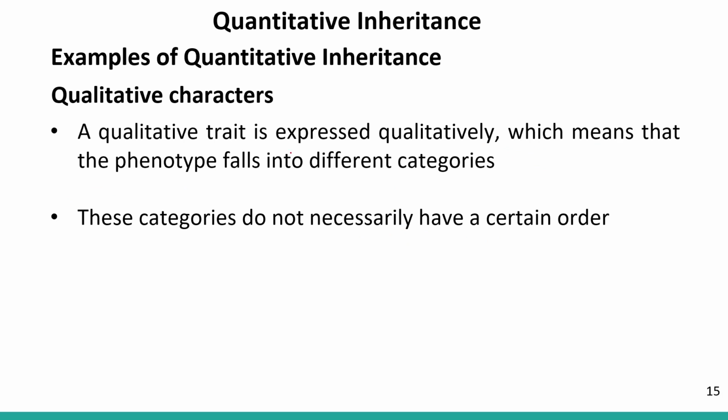A qualitative trait is expressed qualitatively, which means that the phenotype falls into different categories. There is a clear-cut demarcation. This we have already discussed in our previous session. These categories do not necessarily have a certain order or spectral type, as we have seen in the previous session.